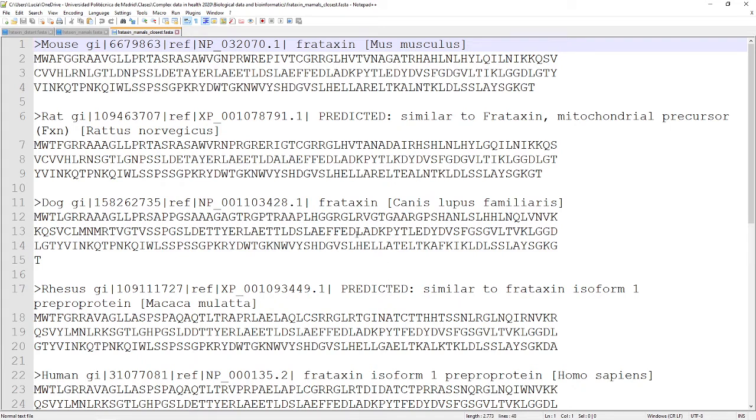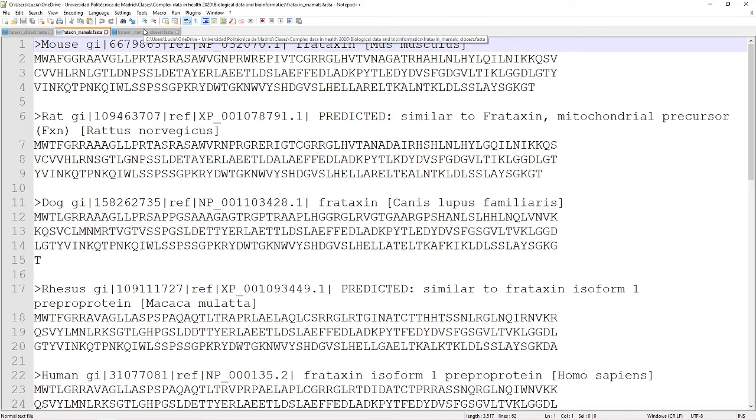It can be from nucleotides or from amino acids. And we had one FASTA file with the sequences of the different mammals for that protein, frataxin, which is involved in some iron metabolic processes in the cells, and that is highly conserved between the different mammals.